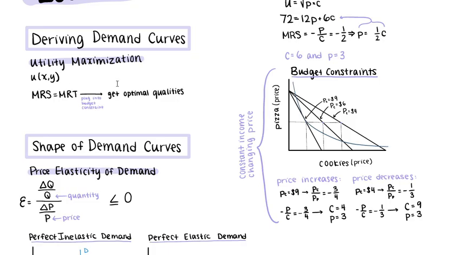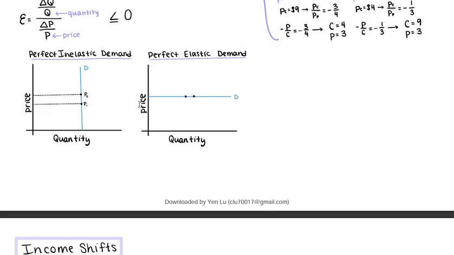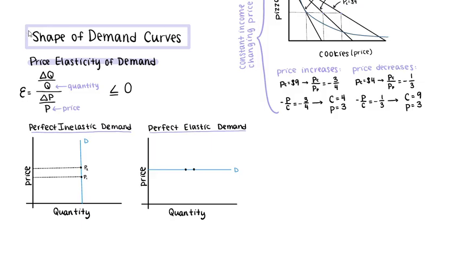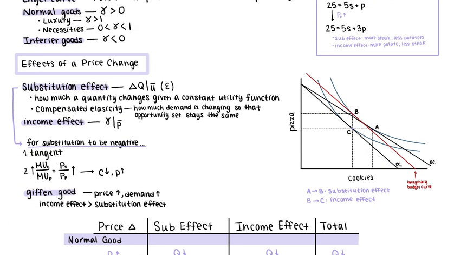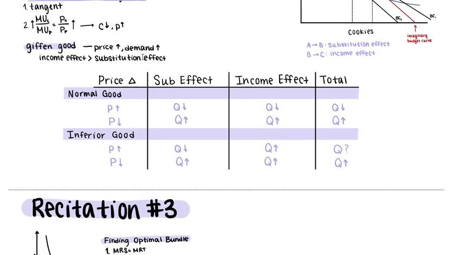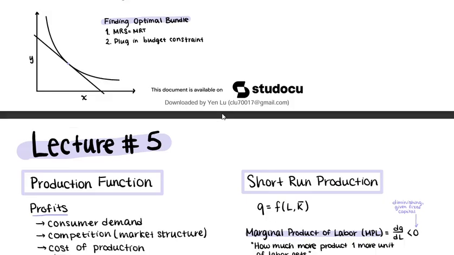Utility maximization is to find where MRS equals MRT. The shape of the demand curve is tied to the price elasticity of demand. We have income shifts, which is how the Engel curve helps us differentiate goods from normal goods to inferior goods. And for the effects of price change, we have the substitution effect and the income effect. And this chart, you need to remember it.